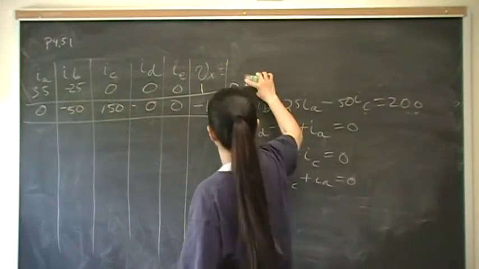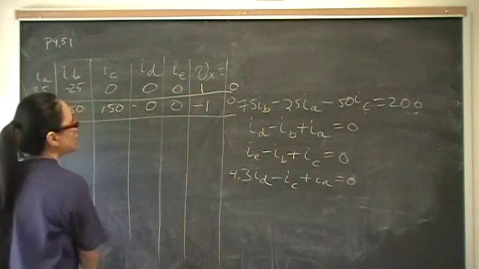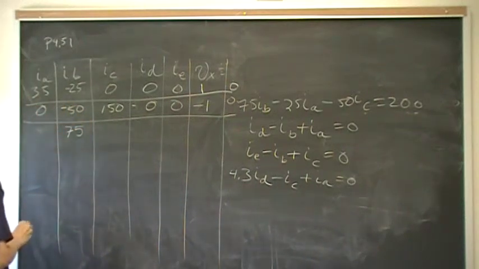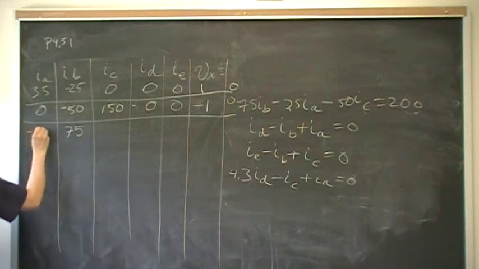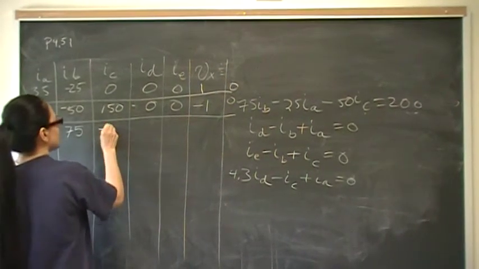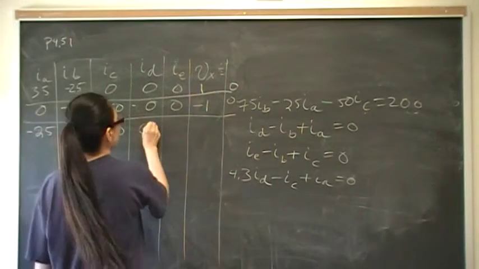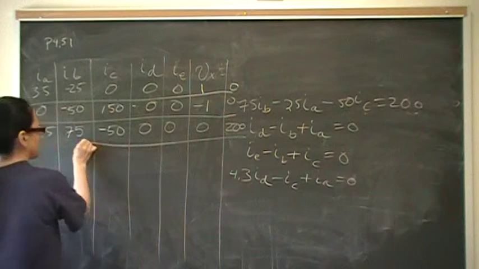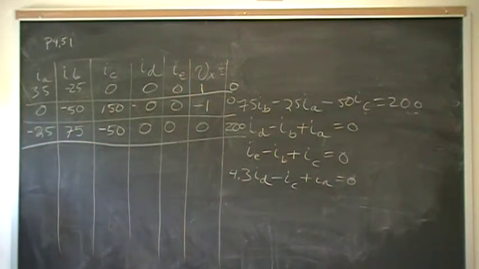So the next one we have is we got 75 for IB, and then negative 25 for IA, and negative 50 for IC, and then zeros everywhere else, and 200 for constants. Okay, negative 25.